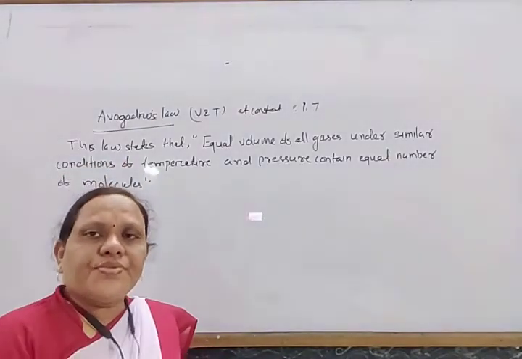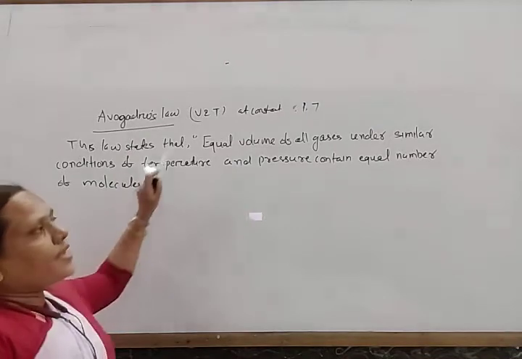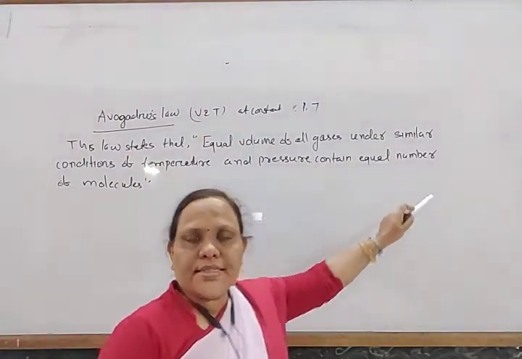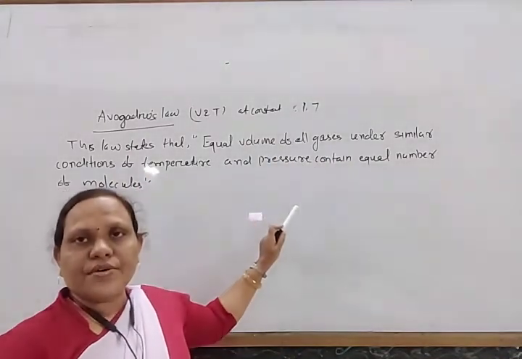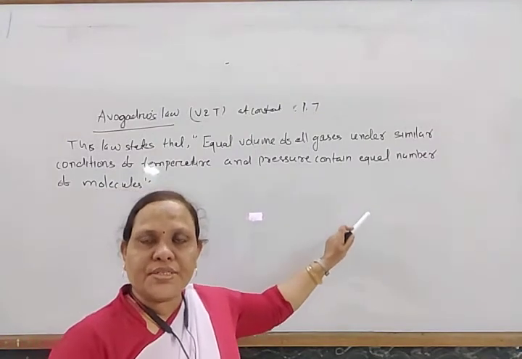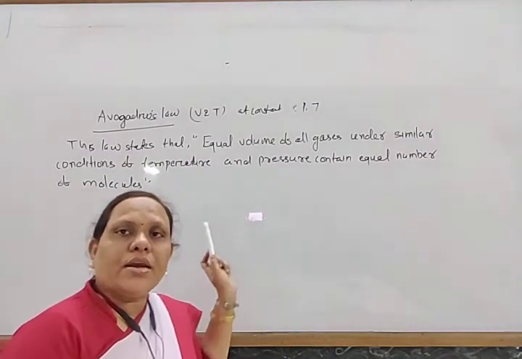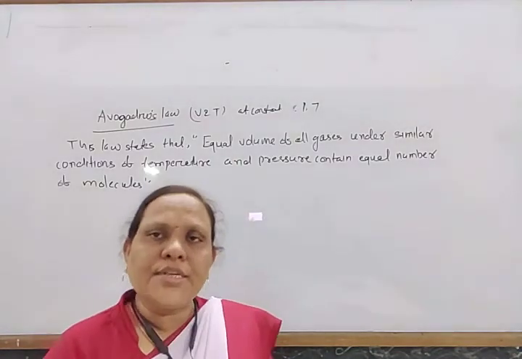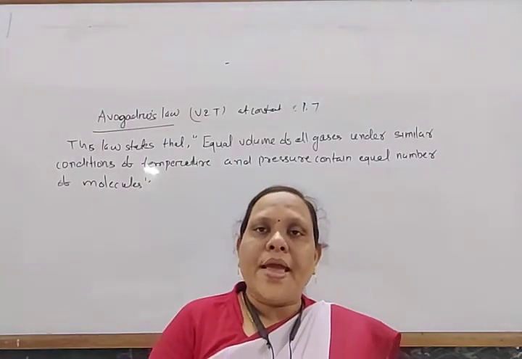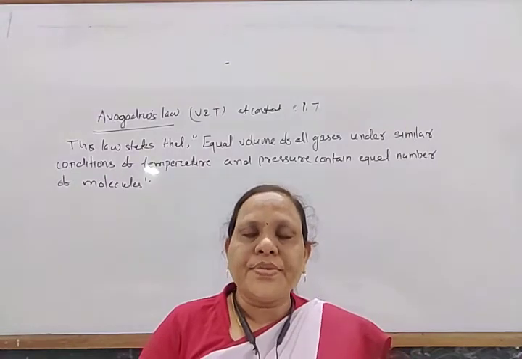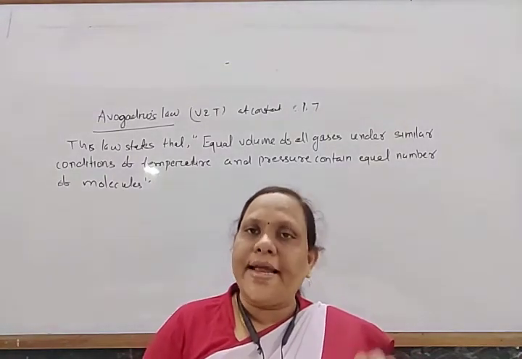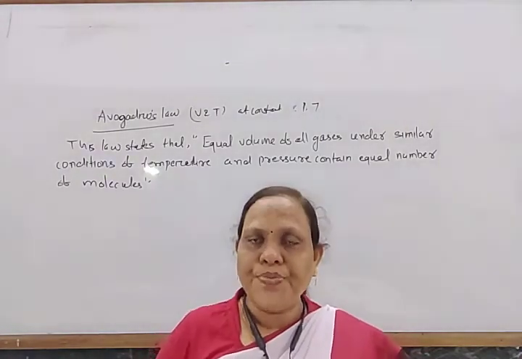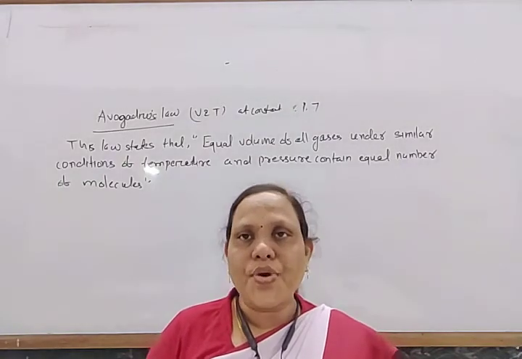So this law states that equal volume of all gases under similar conditions of temperature and pressure contain equal number of molecules. Already we have discussed in mole concept that Avogadro's number of molecules of any gas at NTP has volume 22.4 liter.